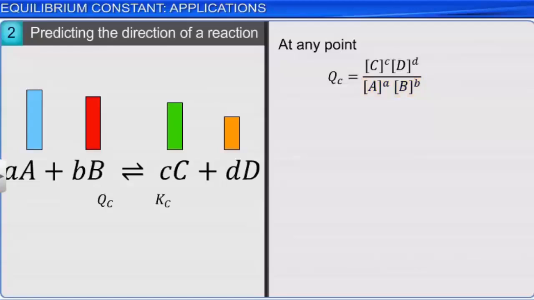Remember that the concentrations of the reactants and the products expressed in the equation are current concentrations and not equilibrium concentrations.